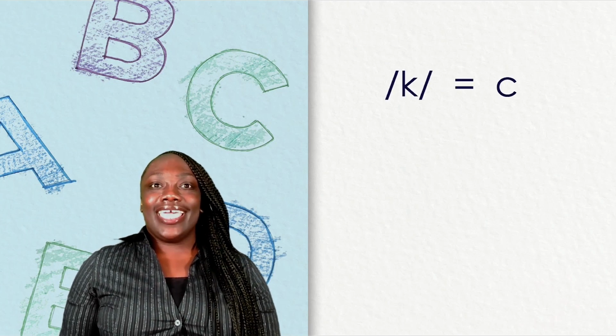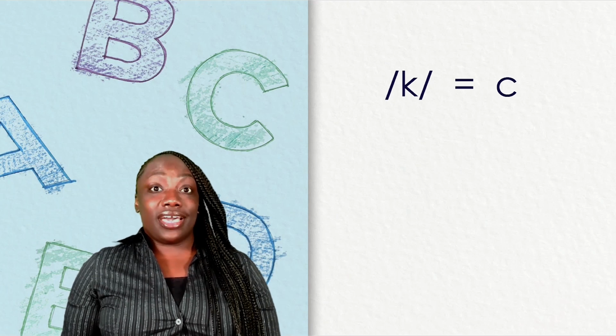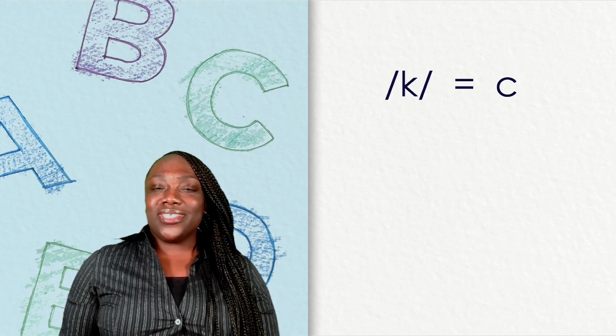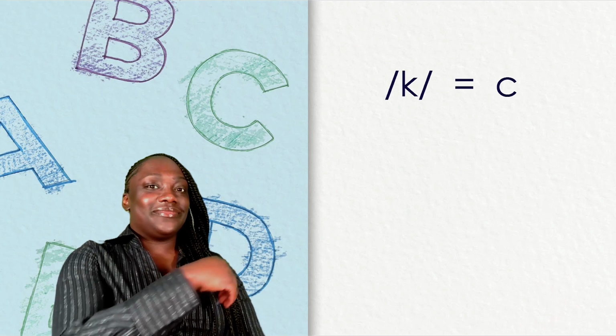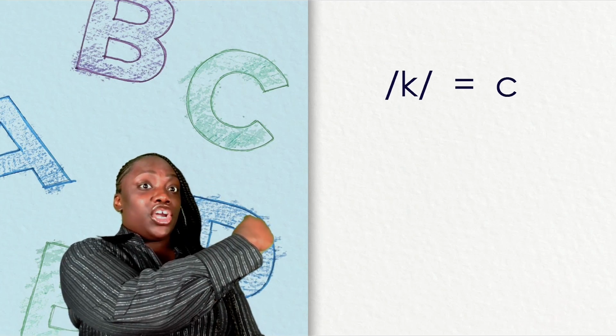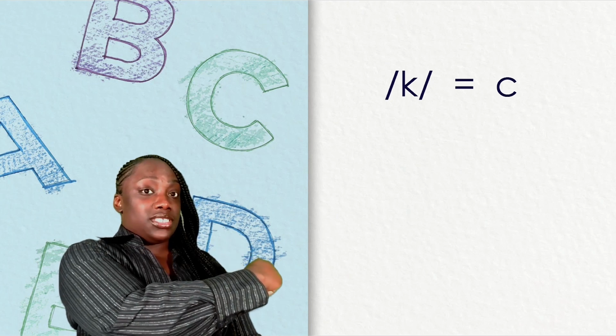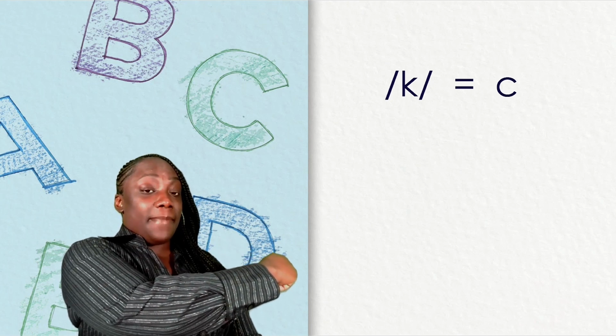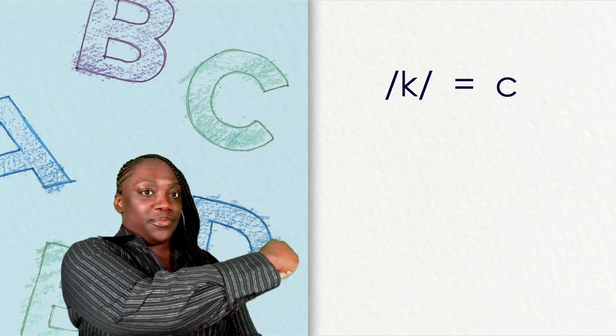We can use the letter C, the letter K, or the letters CK. In this word, the K sound is spelled with the letter C. Start in the middle, then curve down and around to the left, then back up to the right.